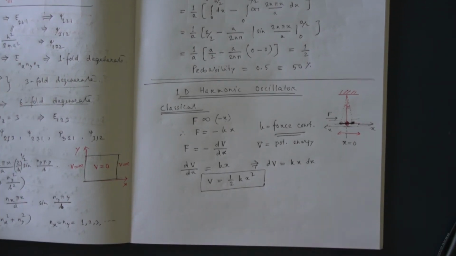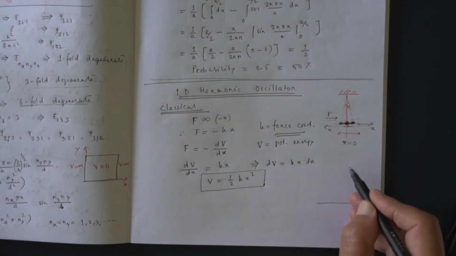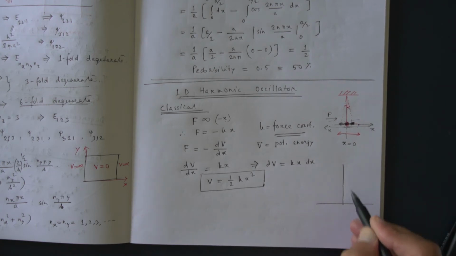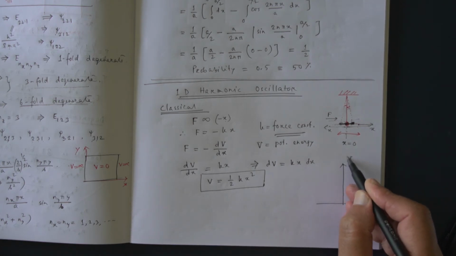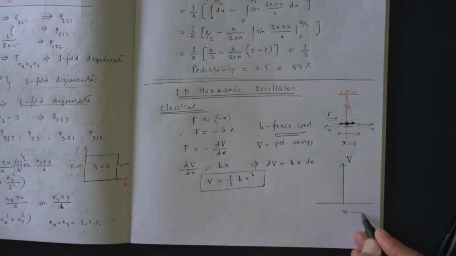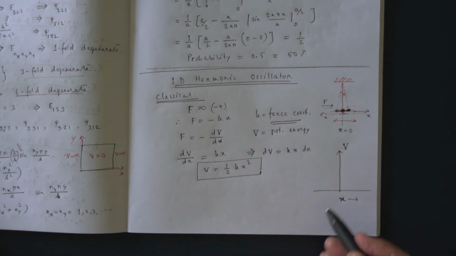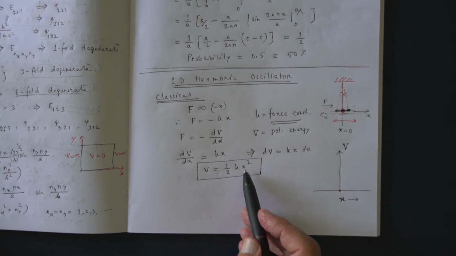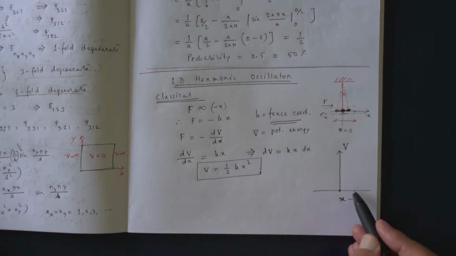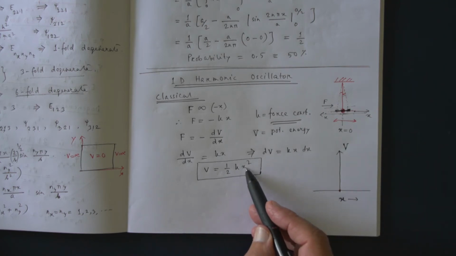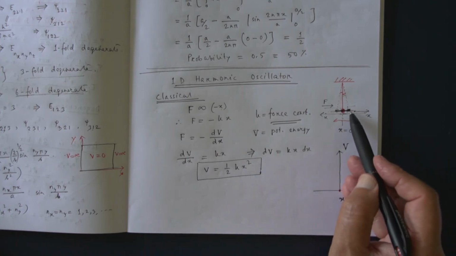Now if you draw a graph, along this direction potential energy increases, and this is x. Here x is 0, the equilibrium position, so potential energy is 0. Then potential energy increases because x has a displacement.